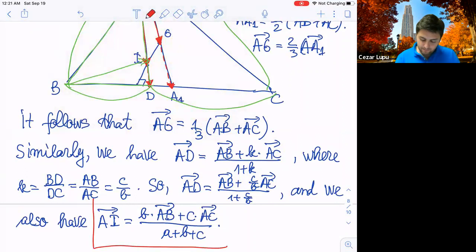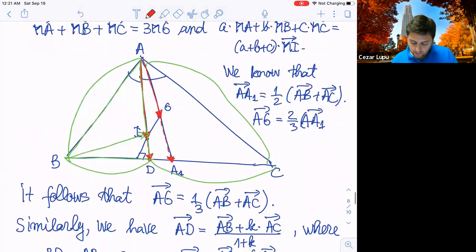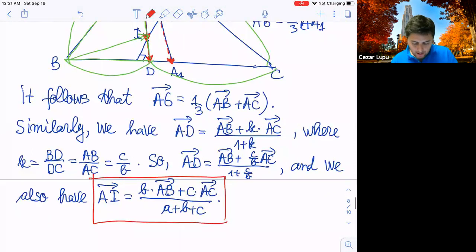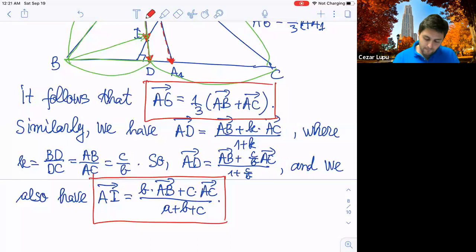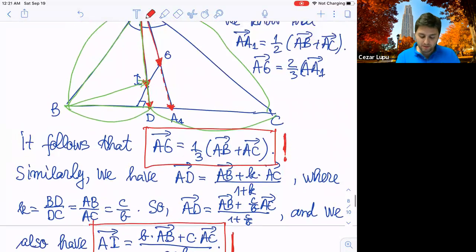This one. And we also have, where is it? This one. Look at these two. Look at that.